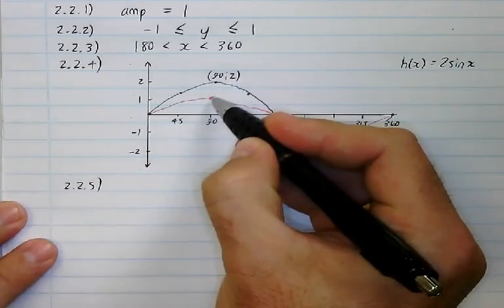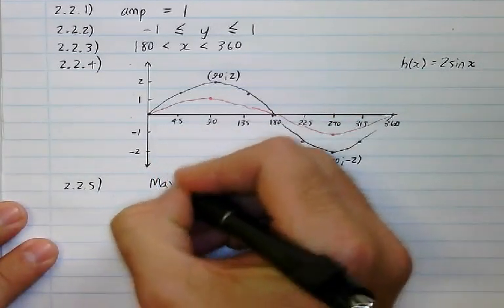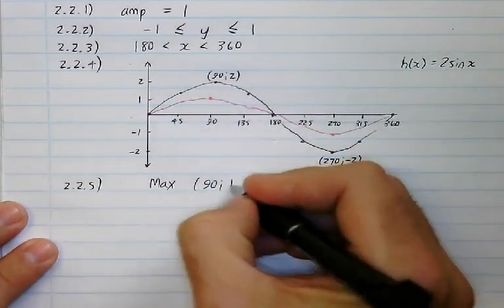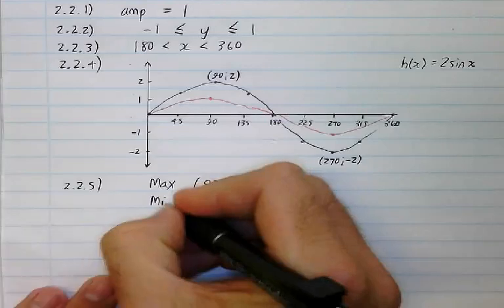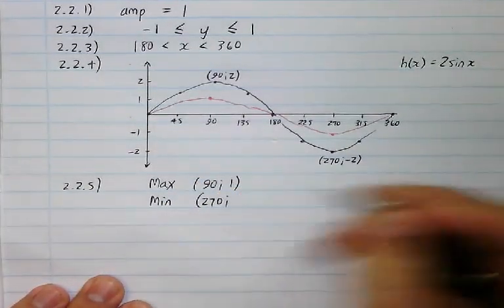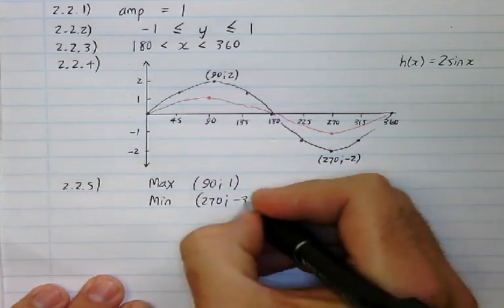And it means that our minimum point is no longer (270; -2), it's (270; -3). Happy? So we've now identified our maximum and minimum points by looking at how h has moved down.